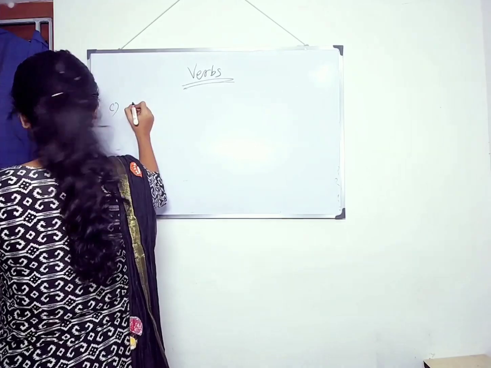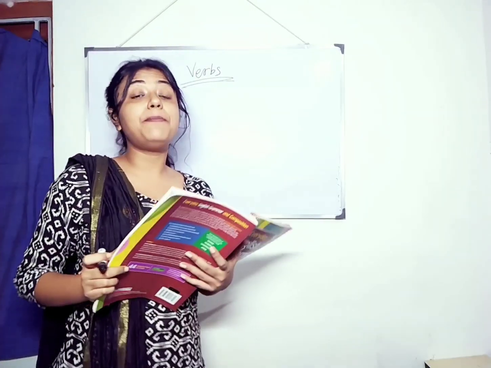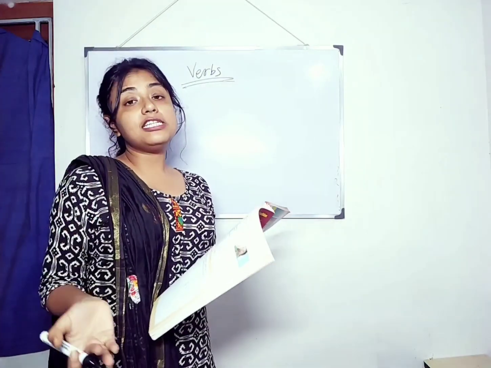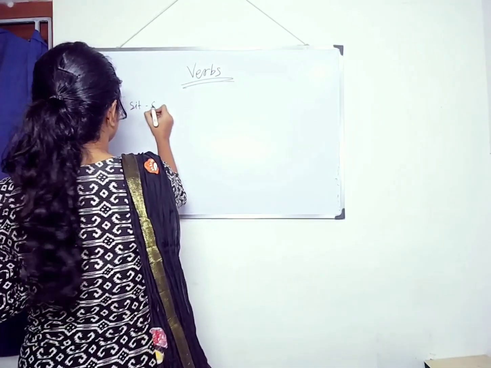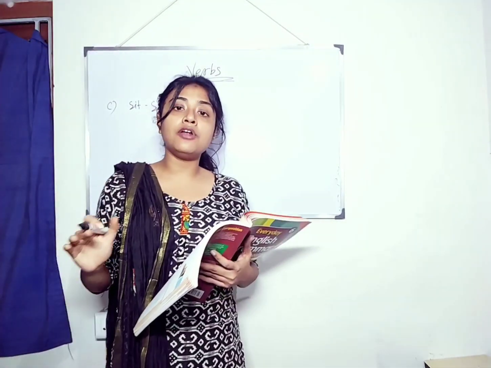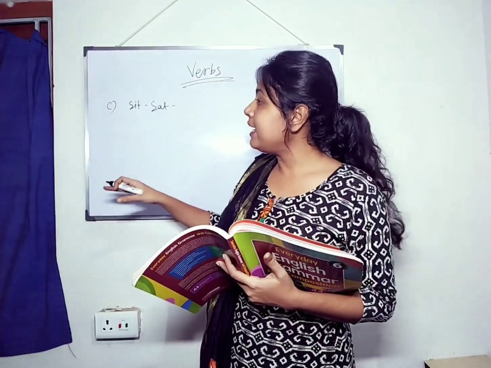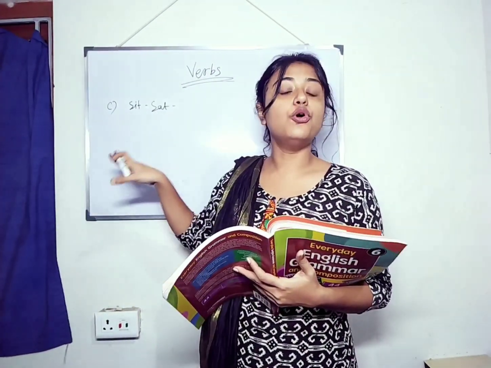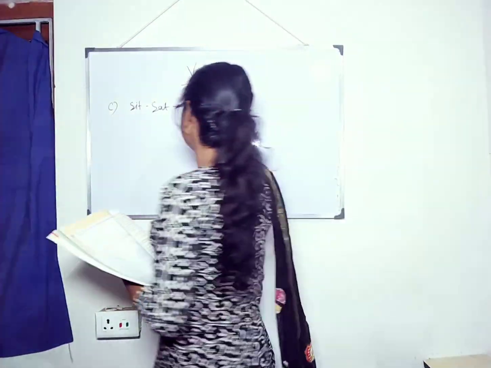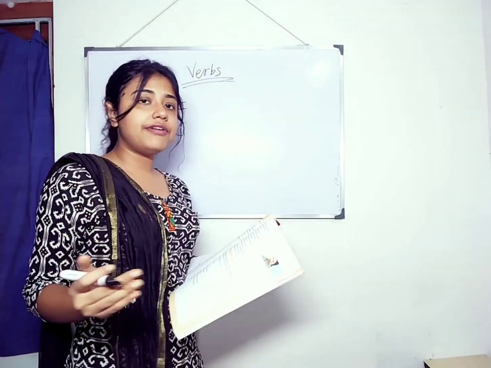First is sit. From sit, what will be the past tense? Sat. Do we have D or ED at the end? No. So it will be an irregular verb. I am mentioning I for irregular and R for regular.